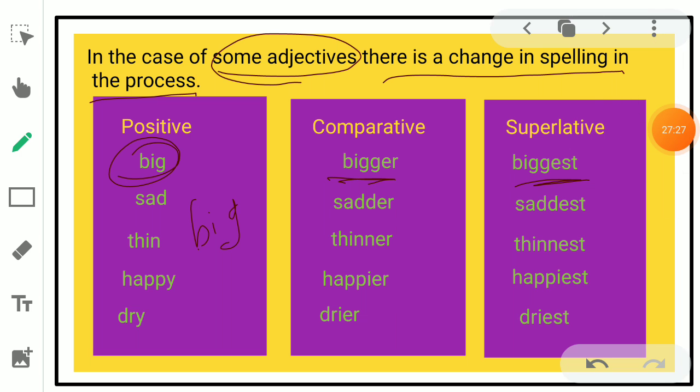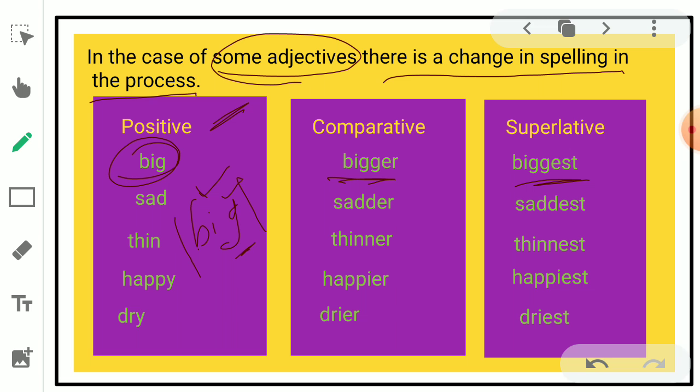What the grammatical rule is saying is: when the adjective of the positive degree is a word of one syllable, like big, and has a single consonant at the end, here G is the consonant and we have only one consonant at the end.